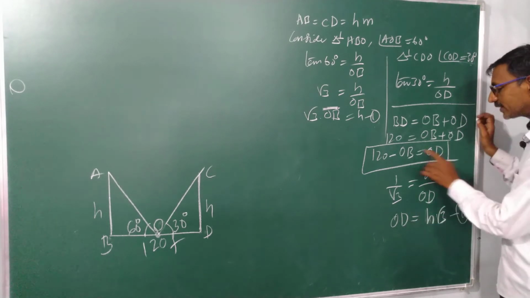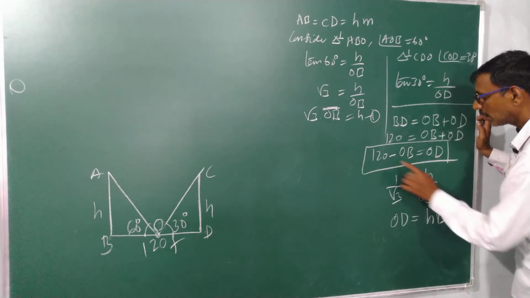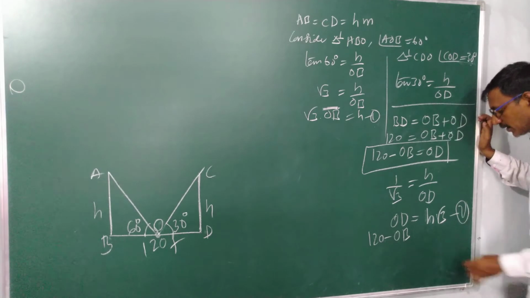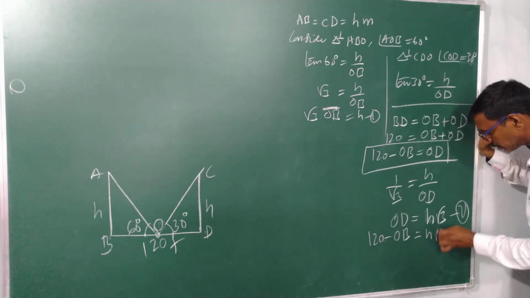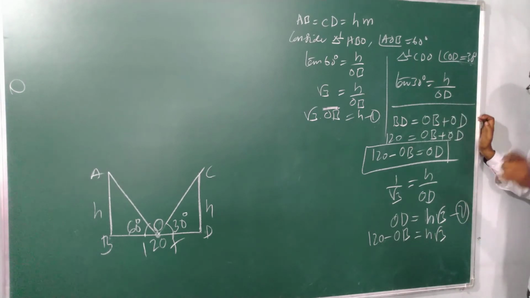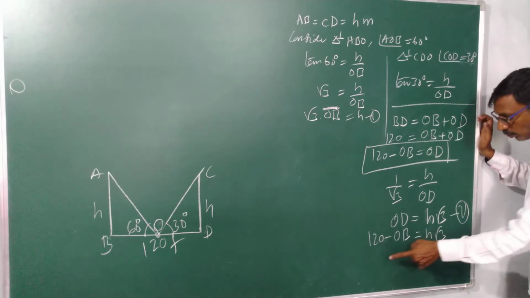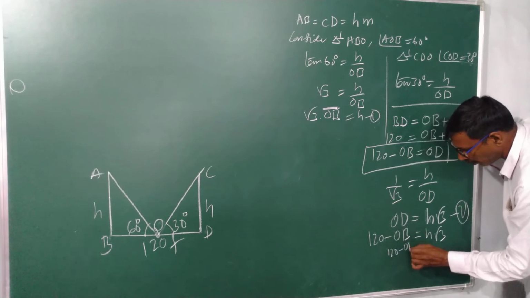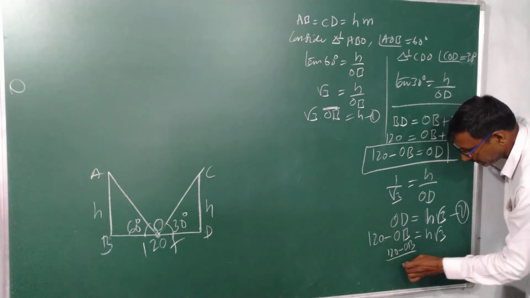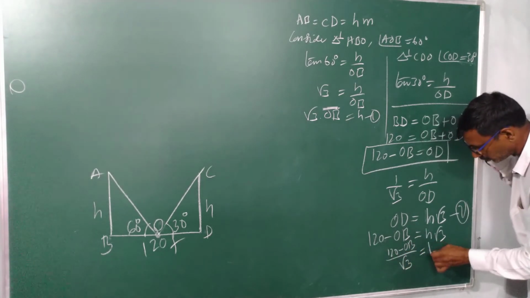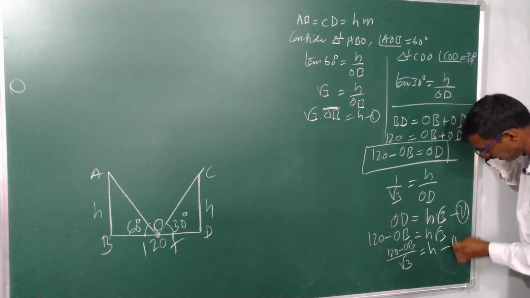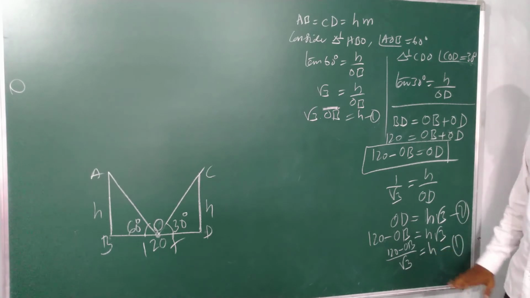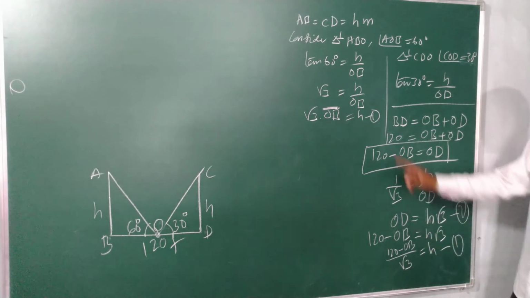And OD is nothing but 120 minus OB, equal to H root 3. Root 3 is multiplied, so it will go to this side as a divide. So (120 minus OB) by root 3 equals H. This is in terms of H. Here I have H and here I have H.